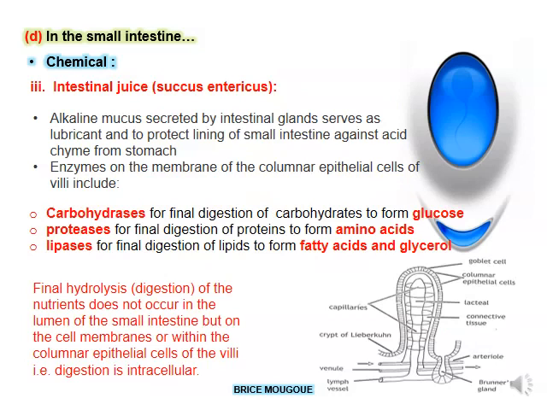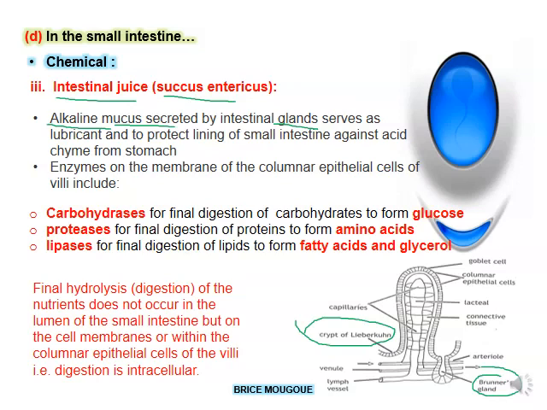Another juice that assists with digestion in the small intestine is intestinal juice, also referred to as succus entericus. So we had pancreatic juice, we had bile, now we're having intestinal juice. Intestinal juice is alkaline and it's mucus. It's an alkaline mucus that is secreted by intestinal glands. We had two glands that we saw, that was the Brunner's gland and the crypt of Lieberkühn around the villi.